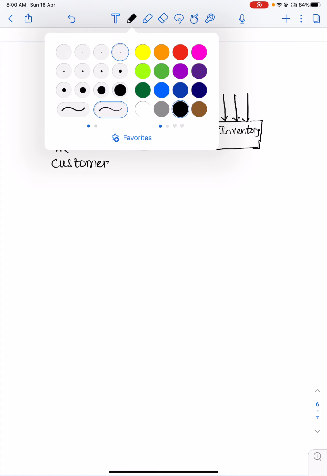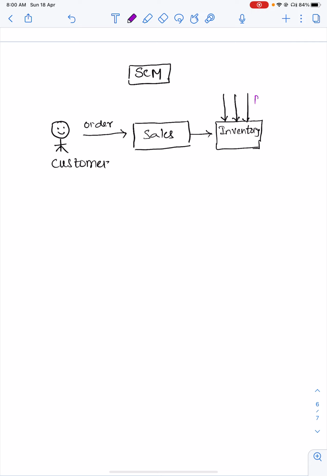These people will procure raw material from different vendors. Let us take vendor 1, vendor 2, vendor 3. The uniqueness here is that inventory is our business process, the organization's or company's business process.